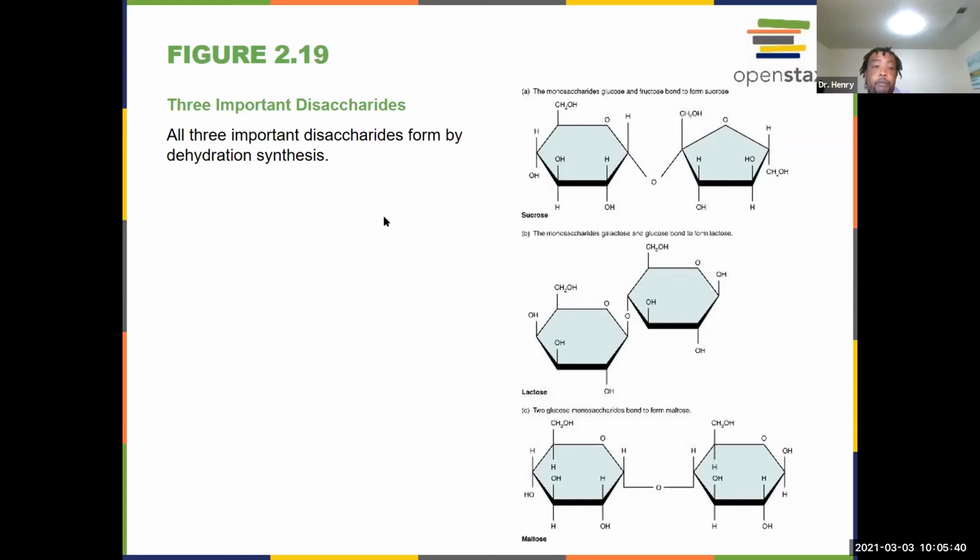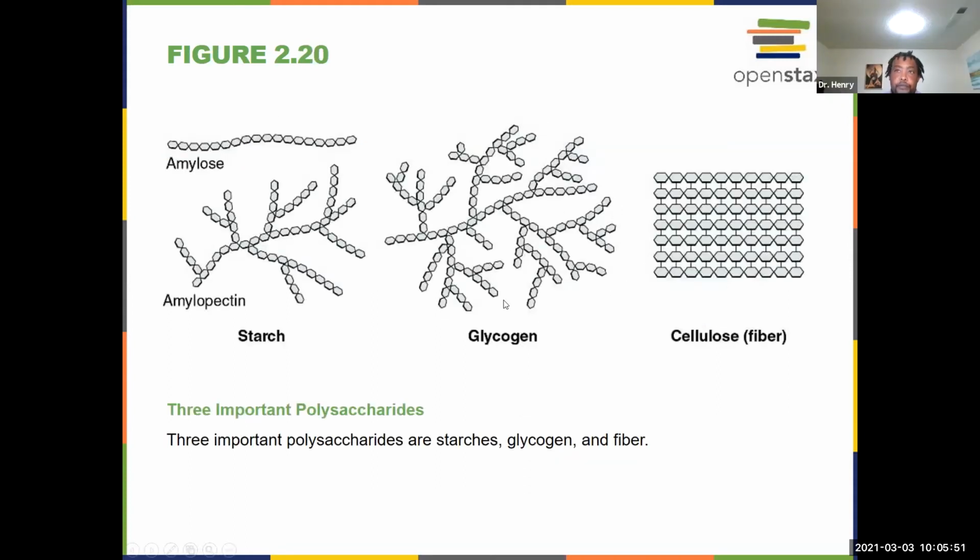And then our body breaks those down by what again? Hydrolysis. Okay, so amylose and amylopectin are examples of starches, right?